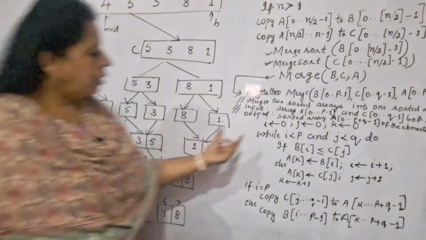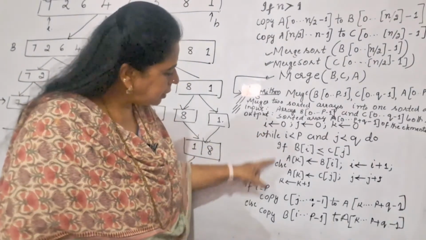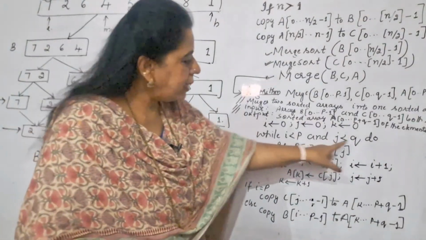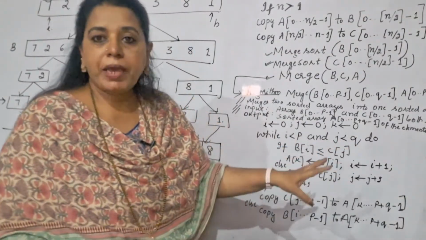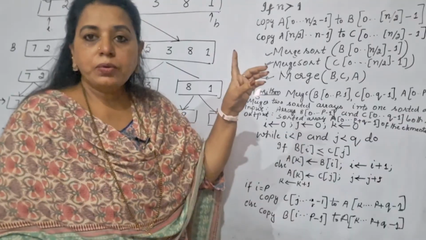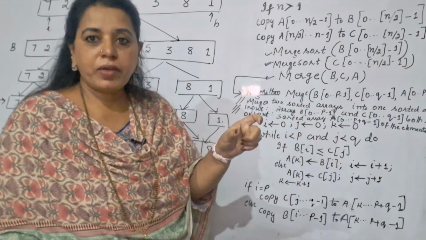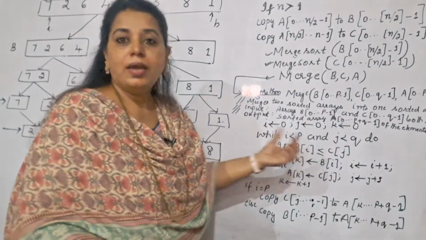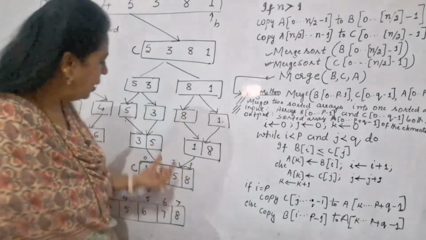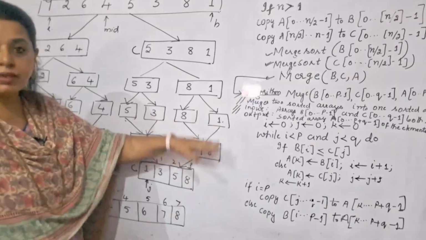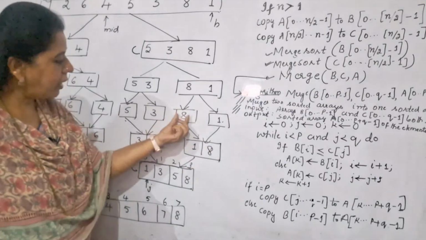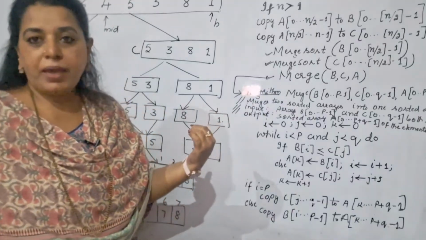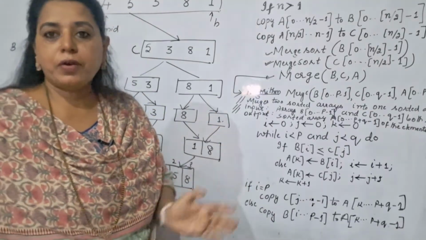Now you carry out these steps as long as I is less than P and J is less than Q. Now what is P and Q here? See, we were using N as the number of elements in our original array, N equal to 8. Now the number of elements in the sub arrays will differ, because from here onwards the merging will start. Whatever number of elements it is holding, that becomes the value for P for the left array and Q for the right array.